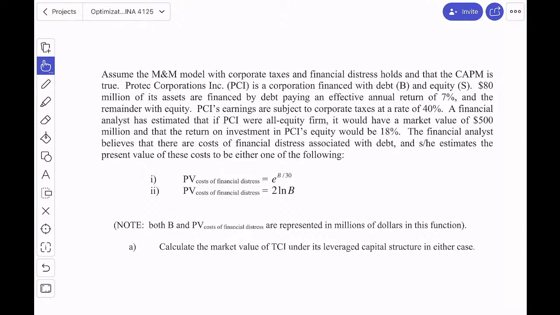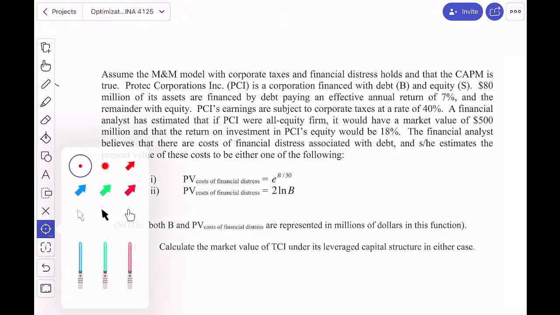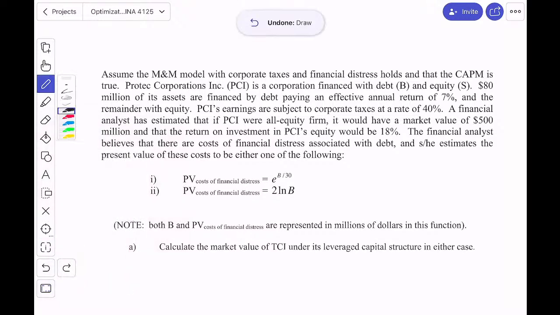So we begin with an expression that the value of the levered firm is the value of the unlevered firm plus the tax savings from interest payments minus the present value of costs of financial distress. So I'm just going to say, you can say it the long way, or I'll put C, cost of financial distress.